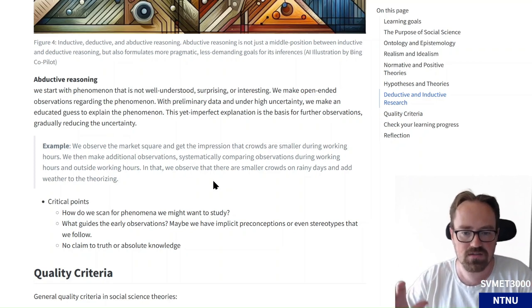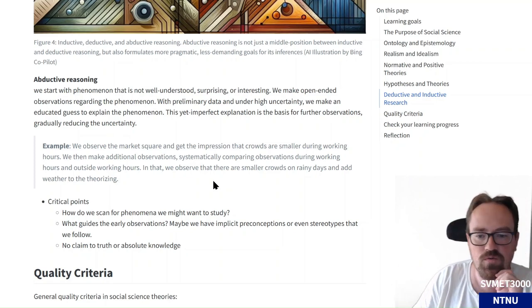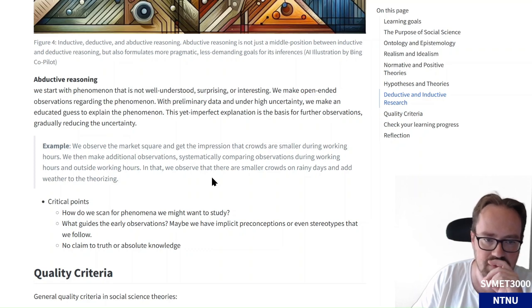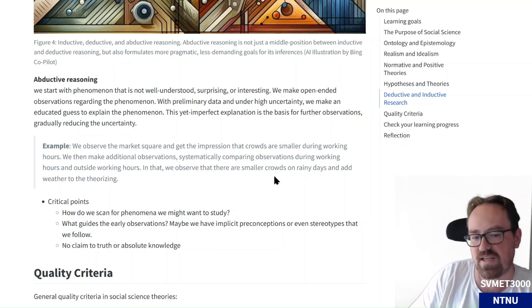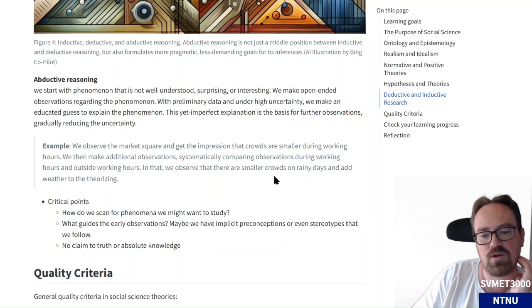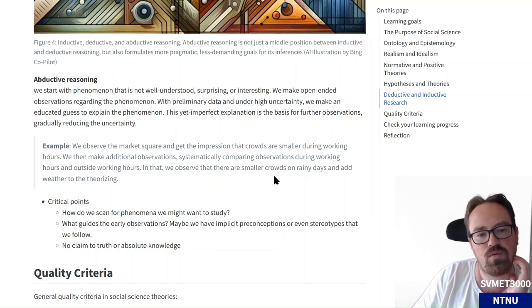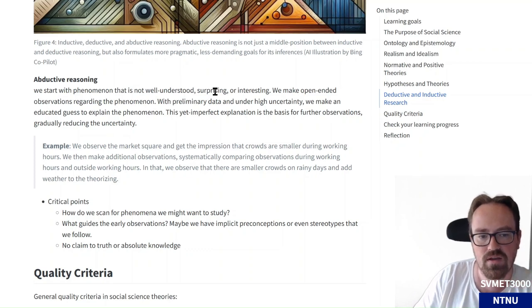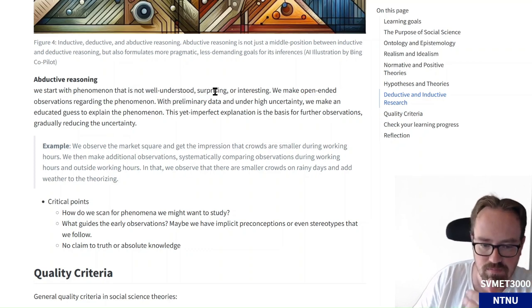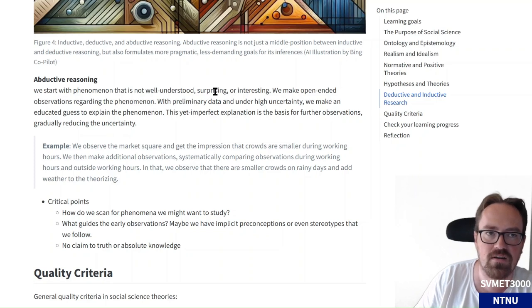So there is good opportunity for inductive and deductive additions within abductive reasoning. Critical points in abductive reasoning is how do we even scan for phenomena that we might want to study.